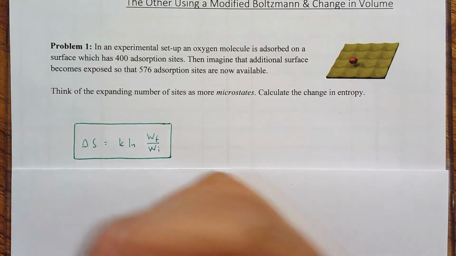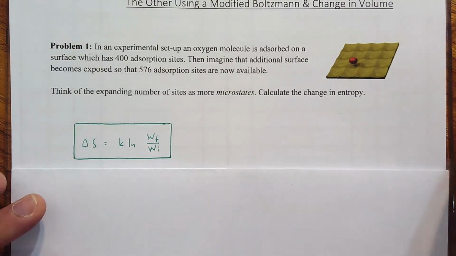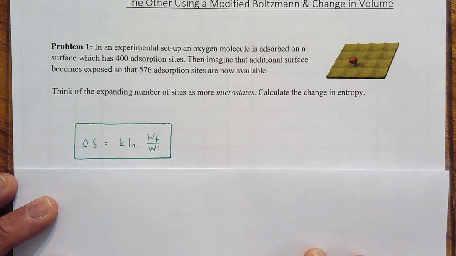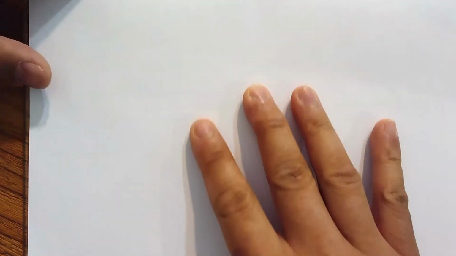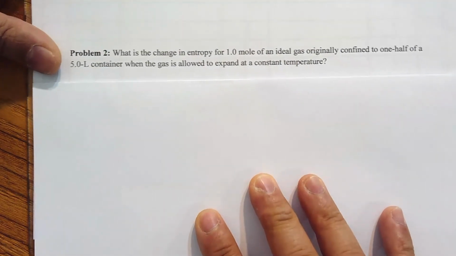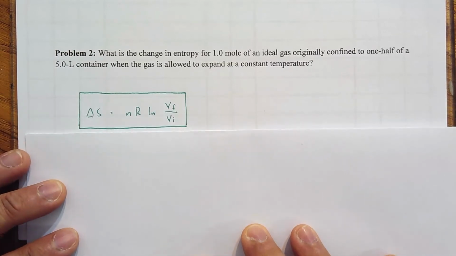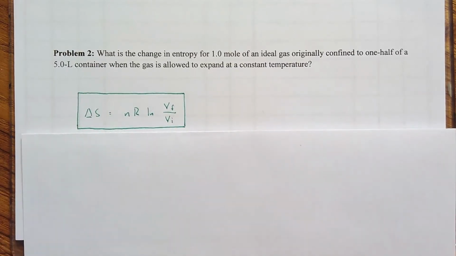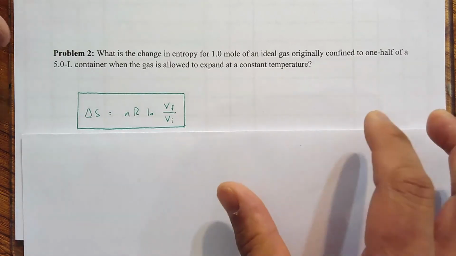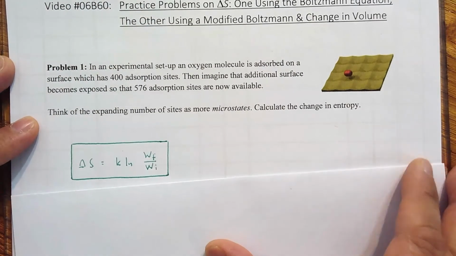Now it's a question of, can you punch in the correct numbers on the calculator, and does your calculator do the operations the way you want them to do them? And then problem number 2, let me see if I could do this without giving away the answer. Problem number 2, and we're using this equation. Okay, go ahead and test yourself. Pause the video and do those 2 problems. I'll show you problem number 1.